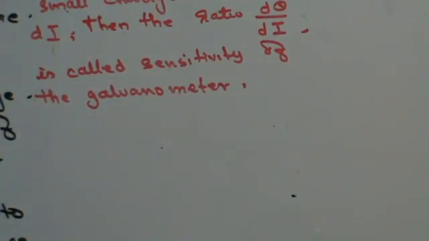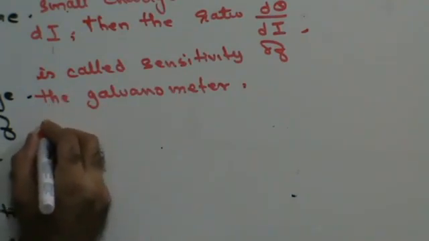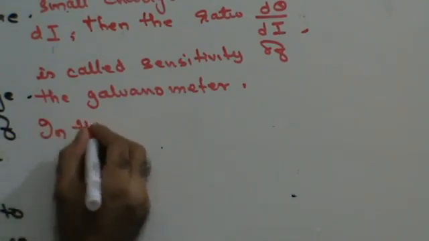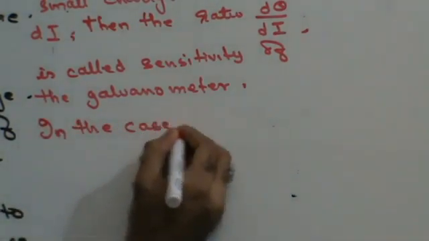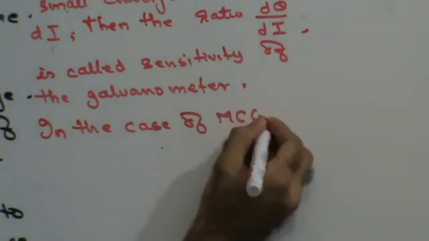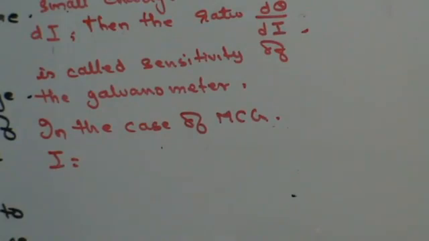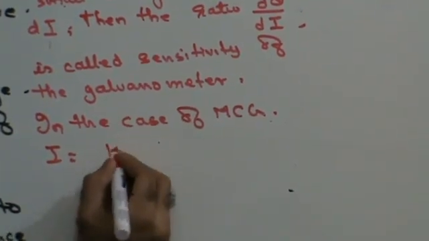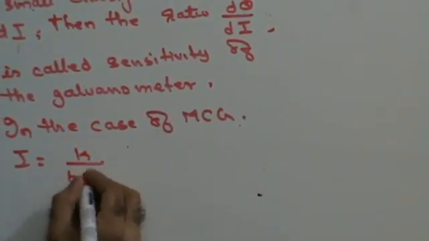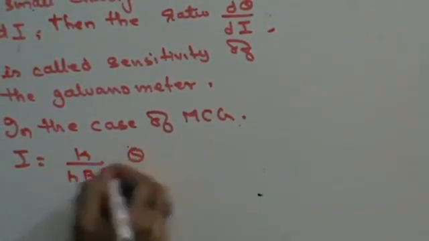That means let's try to find out the sensitivity of a galvanometer. We have derived that in the case of a moving coil galvanometer, if you look at your last lecture's derivation, current was defined as K upon NBA into theta.